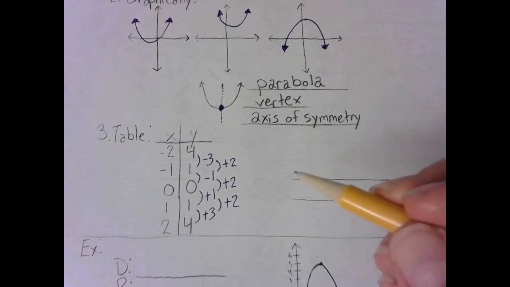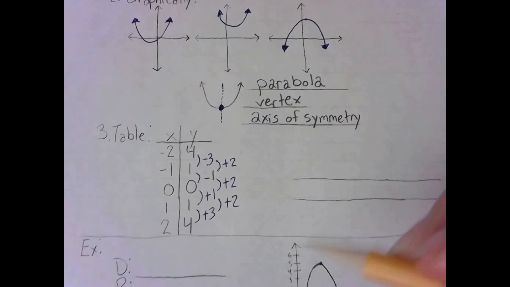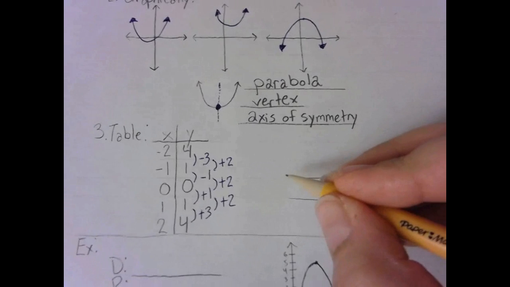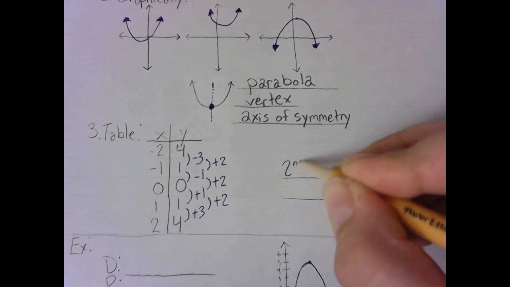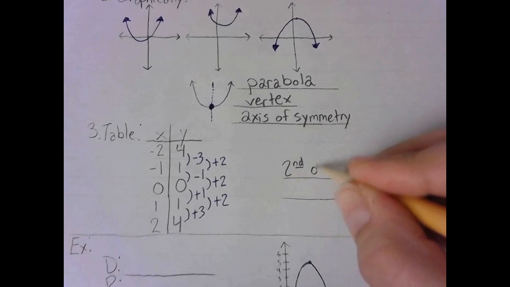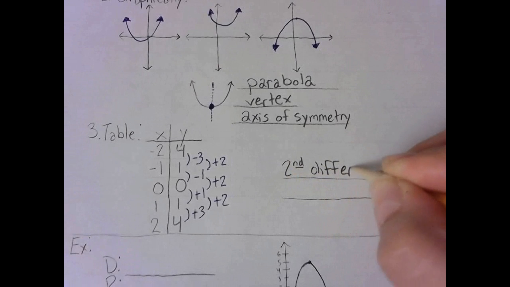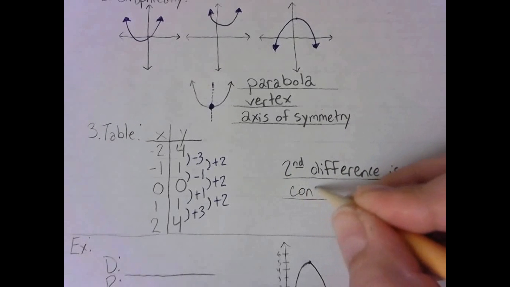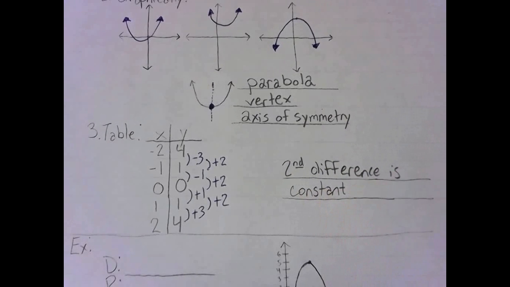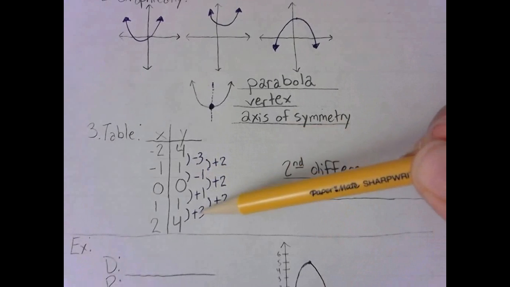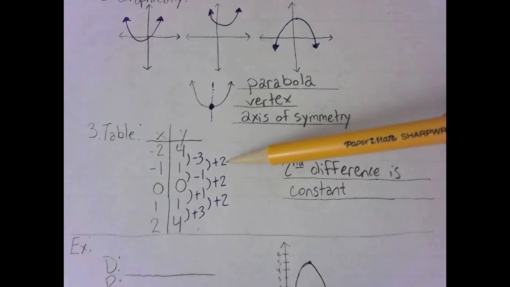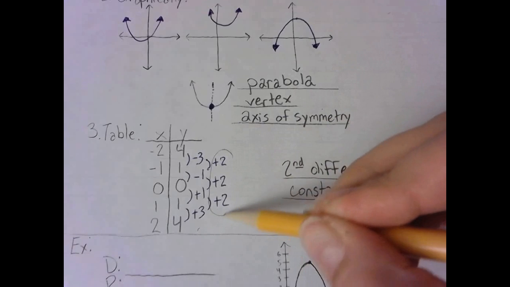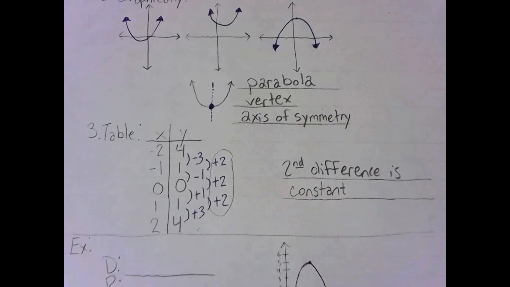So when you look at a table, you know it's a parabola without having to graph it, because the second difference is constant. If you look back at our notes on linear functions, we just had to do this once and we saw that it was constant. Now we have to do it twice and we see these are the same. So that means it's a parabola.